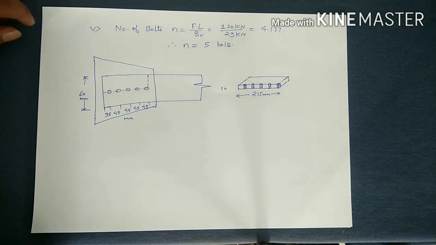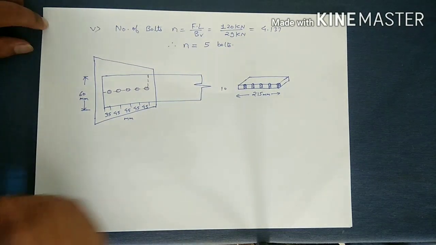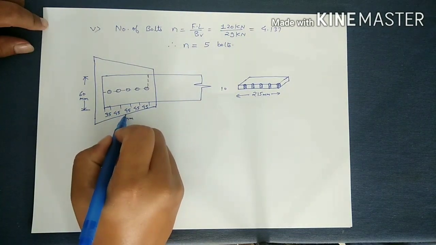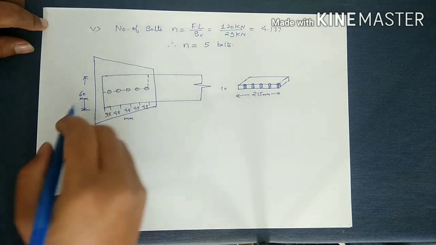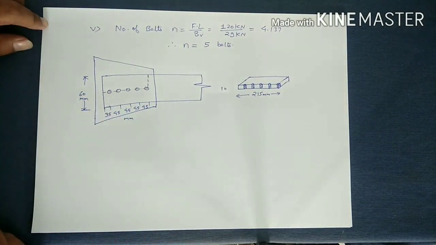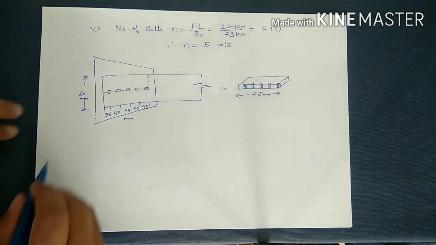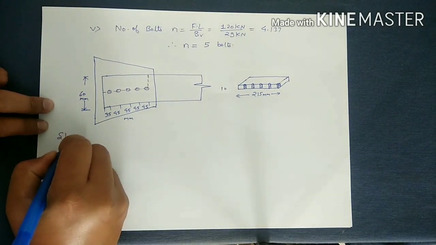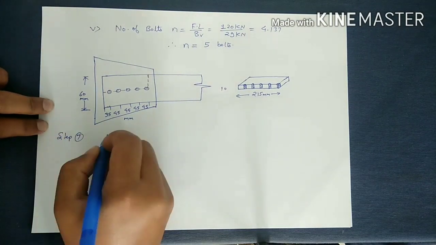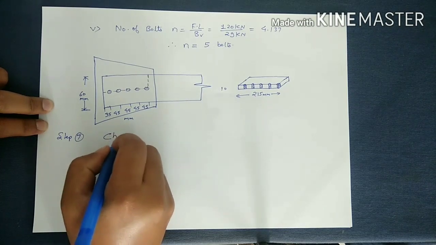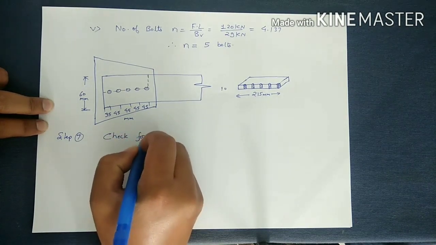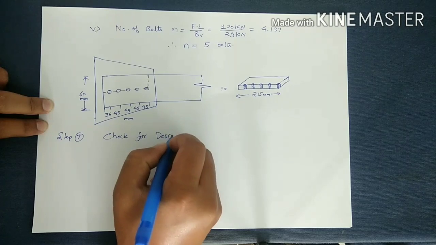So our diagram will look somewhat like this, in which 45 is your pitch, 35 is your edge distance, and the width of the plate is 60 mm. Therefore, step number 7, that is check for design parameters.